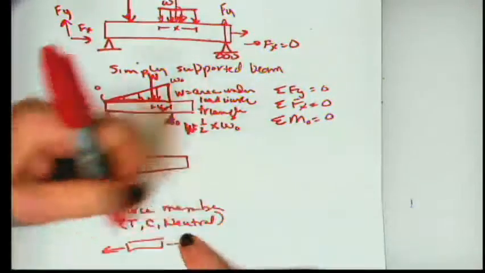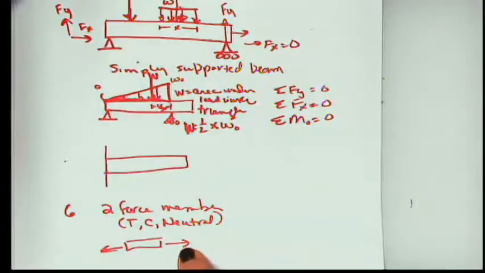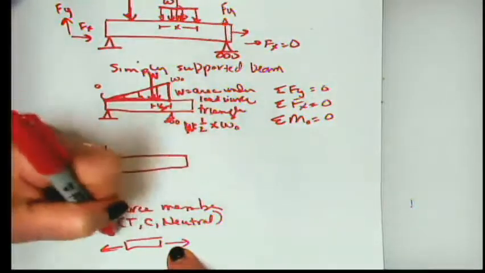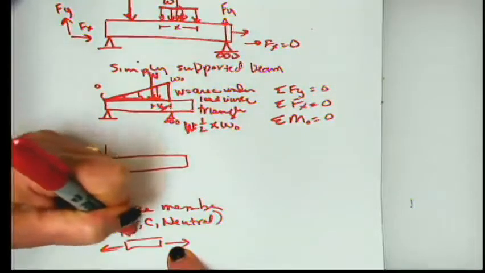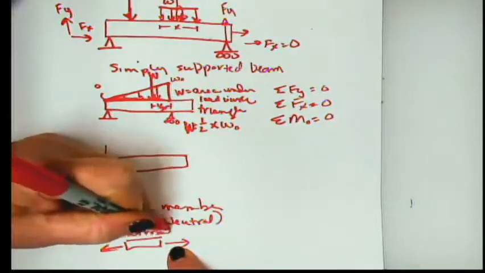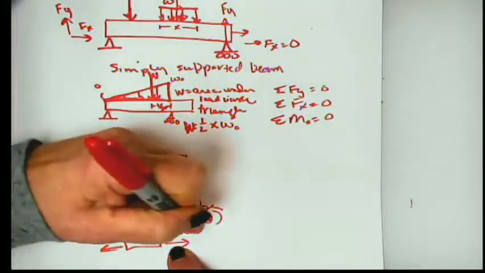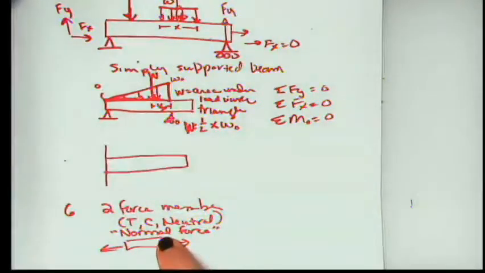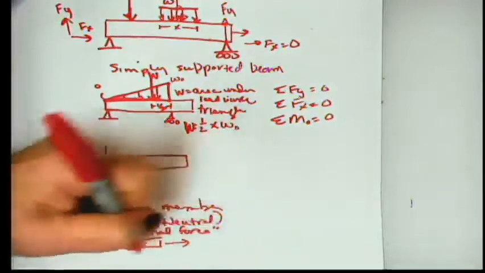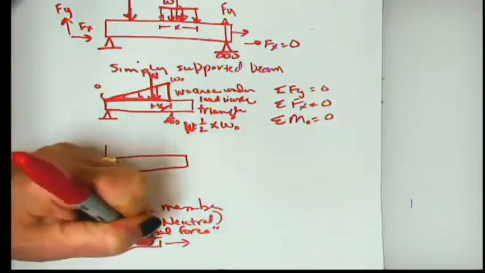But here we have a different type of force situation. If something is in tension, compression, neutral, and the load is directed along the axis, we refer to this as a normal force. It's normal, not meaning as opposed to abnormal, but as opposed to perpendicular. Normal meaning perpendicular to the cross section.